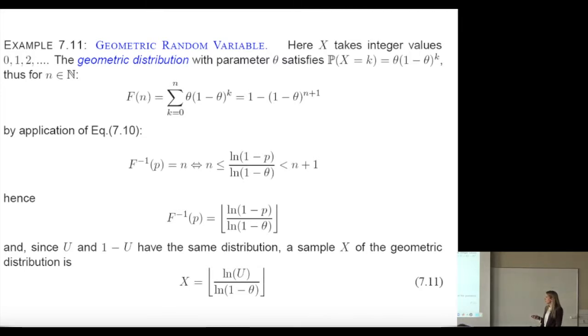So instead of having p here, we will have u, and because u and 1 minus u have the same distribution, this can be simplified to this relation here, and this gives us a sample of the random integer x. Any questions?